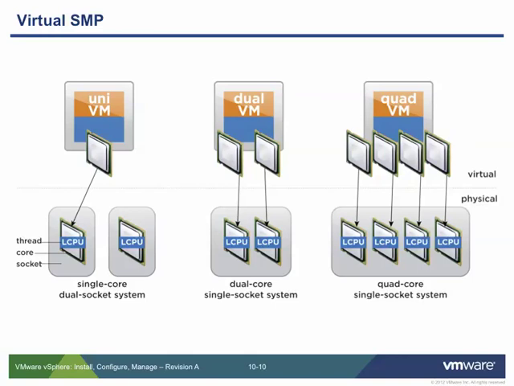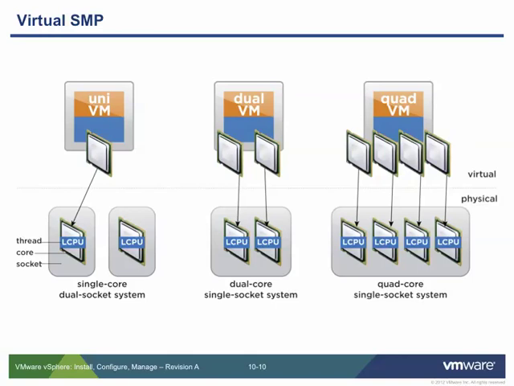Okay, so that's memory. Let's look at symmetric multiprocessing and how VMware ESXi handles that. So every CPU, every core, every thread is presented, or can be presented, as a CPU.